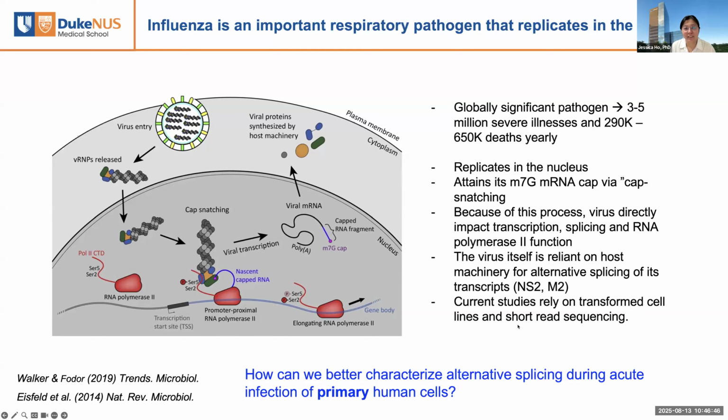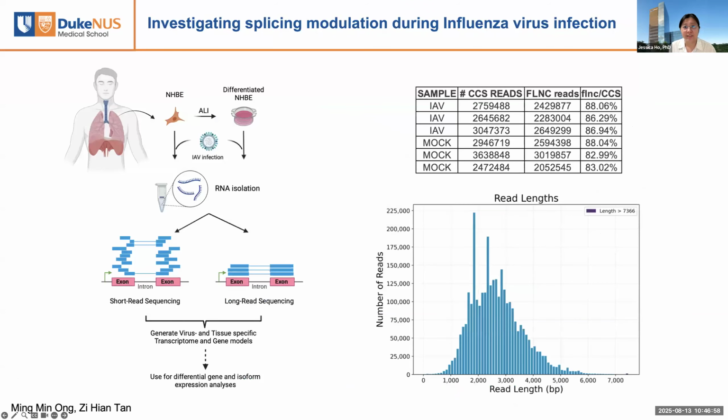The other aspect of the previous studies was that many of them relied on short read sequencing, which, while very powerful, cannot capture the full transcript repertoire and the combinations of exons during infection. So to address this, we set up the following experiments.